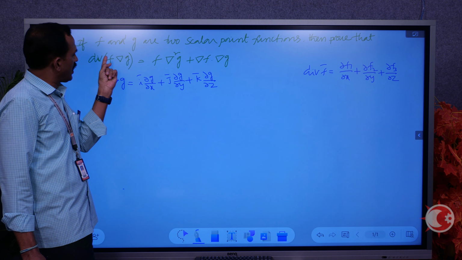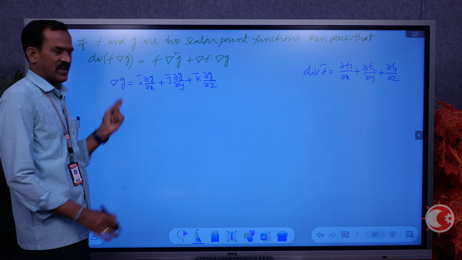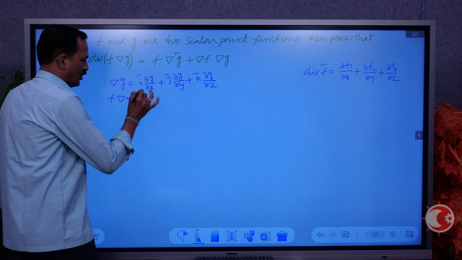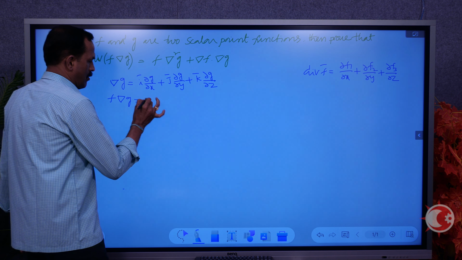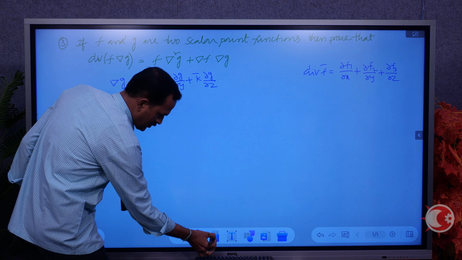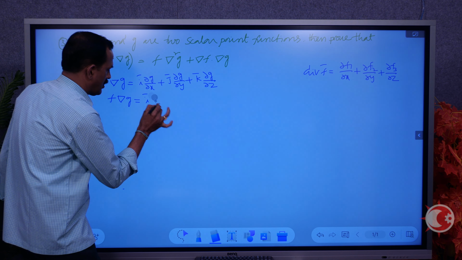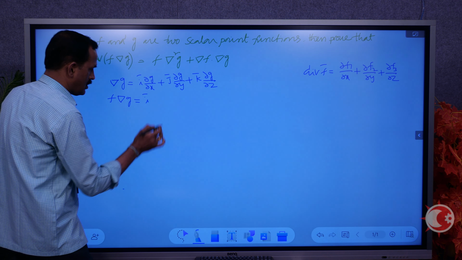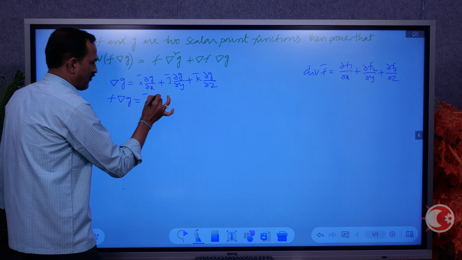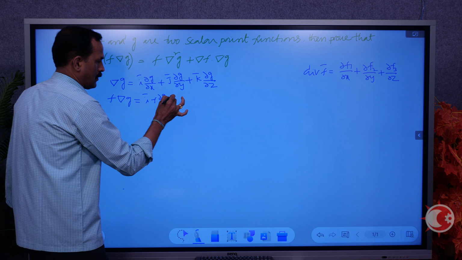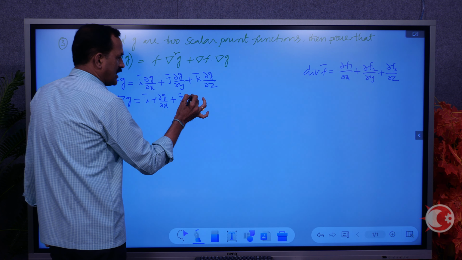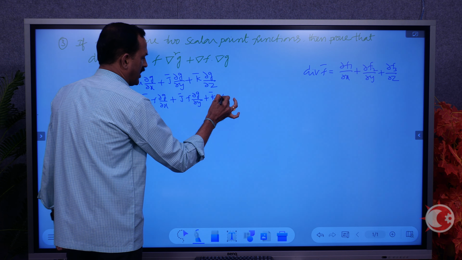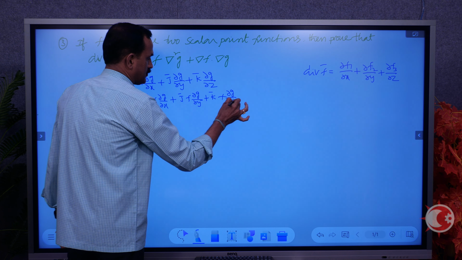For that del g, you have to multiply with f. f is also a scalar point function. So that will be f del g. Now f del g is equal to i bar into f into dou g by dou x plus j bar into f into dou g by dou y plus k bar into f into dou g by dou z.